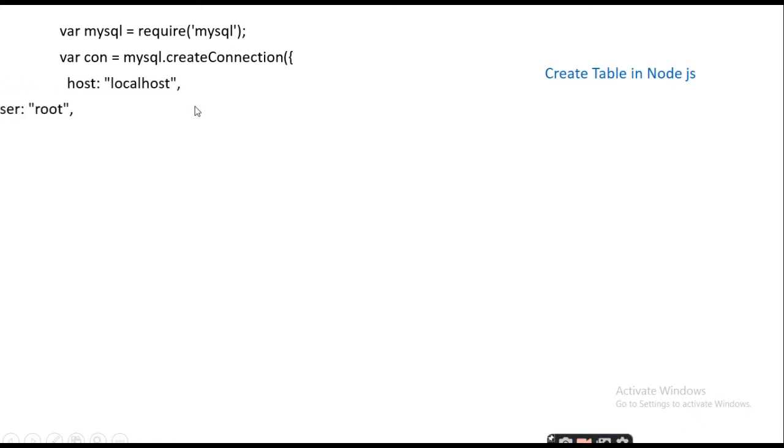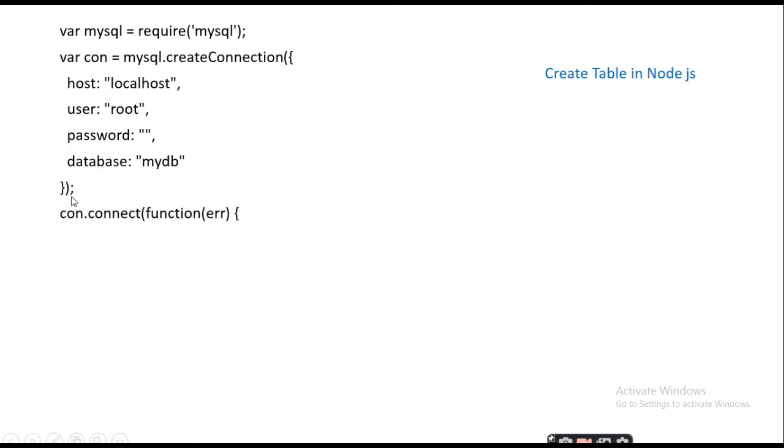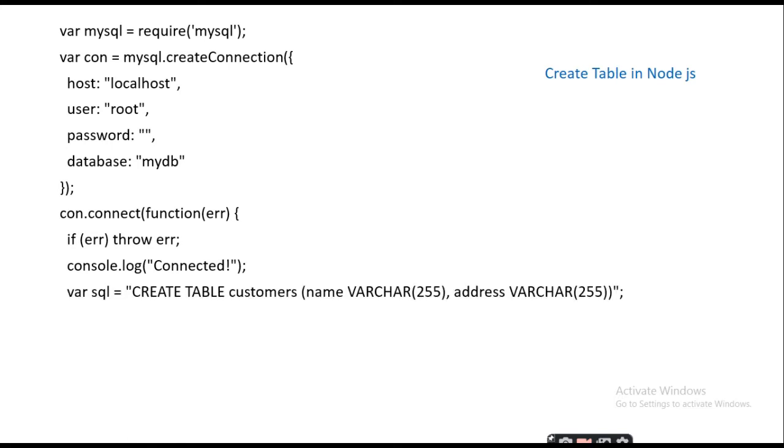Here we'll specify the host, then username, then password, and then also write the database, because we are now using the database MyDB. After that, close this function, and then the con.connect function with error. If there is an error, throw the error. Otherwise, console.log displays the message connected.